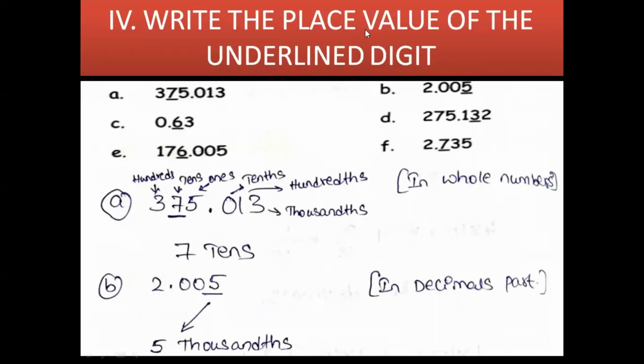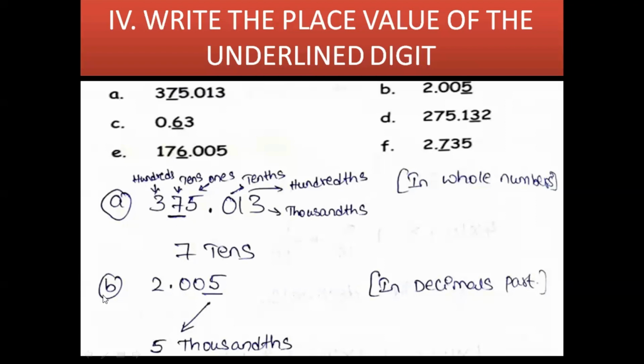Write the place value of the underlined digit. 375.013. Here 7 is underlined. 375 is the whole part. In the whole part, it starts with ones, tens, hundreds. 7 is in tens place, so it is 7 tens.